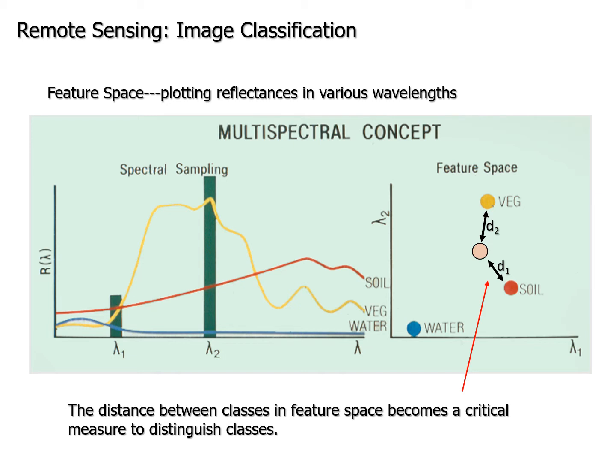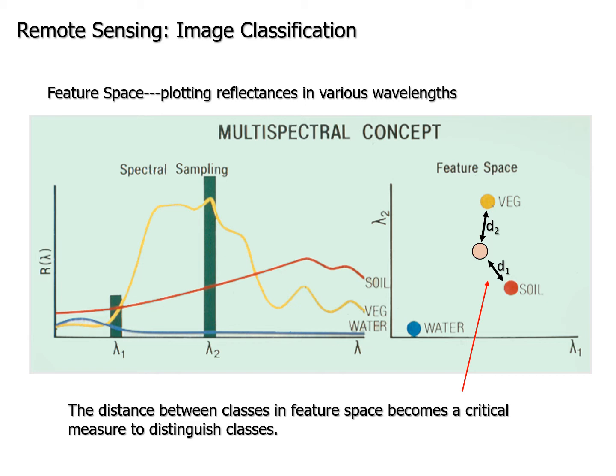And then if we have an unknown pixel, right? So here we have this peach colored pixel. We don't know what it is. We can look at the distance between that pixel and known pixels, so that you can say, well, this pixel is closest to vegetation, for instance.